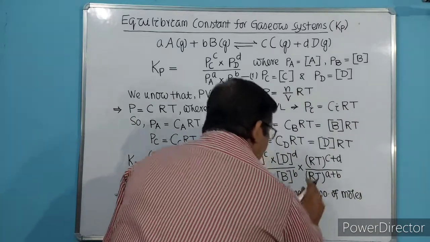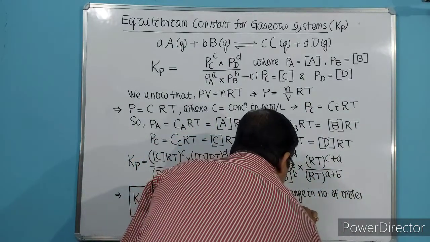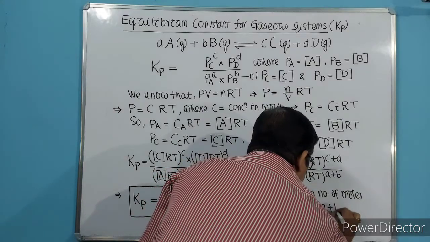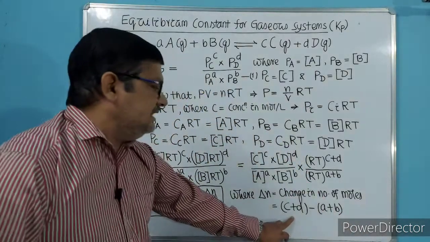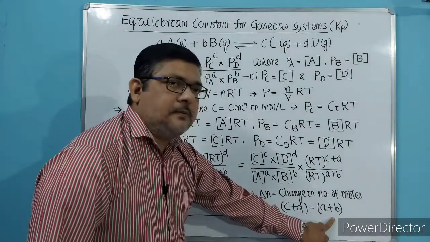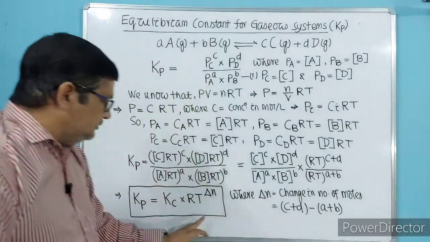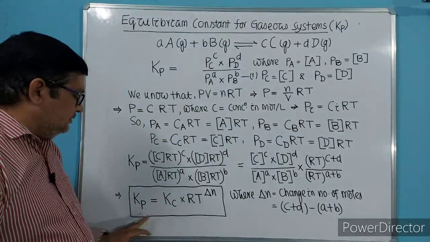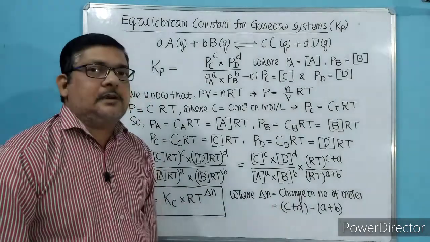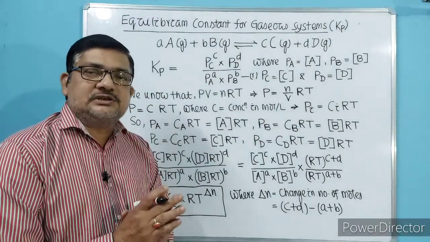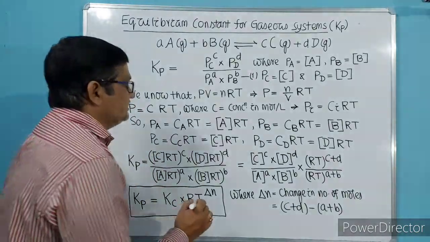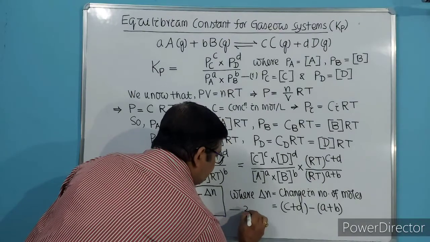That means number of moles of the product, C plus D, minus A plus B. C plus D is the number of moles of the product, and A plus B is the number of moles of the reactant. So Kp is equal to Kc into RT to the power del N. Remember del N is the change in number of moles, that is number of moles of the product minus number of moles of the reactant. So this is the relationship between Kp and Kc.